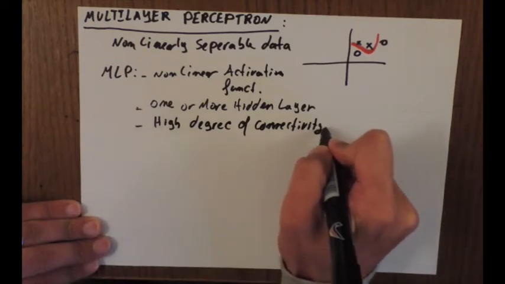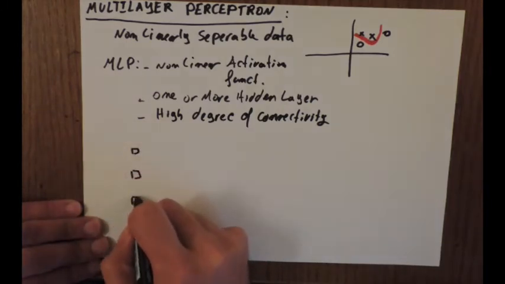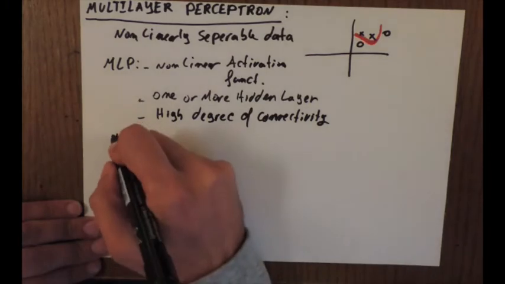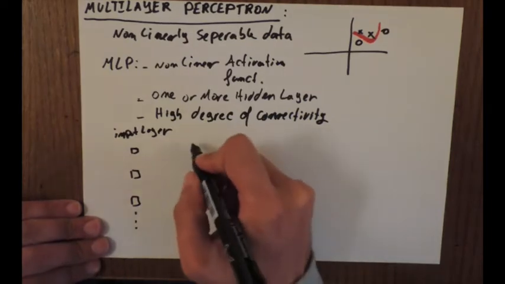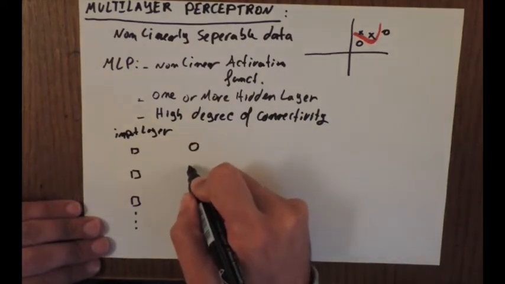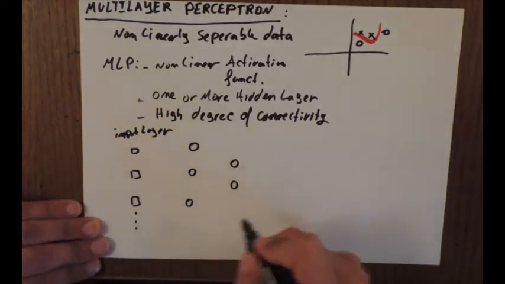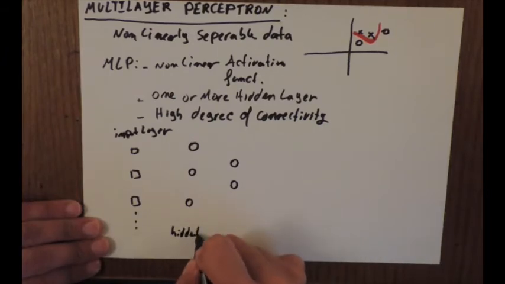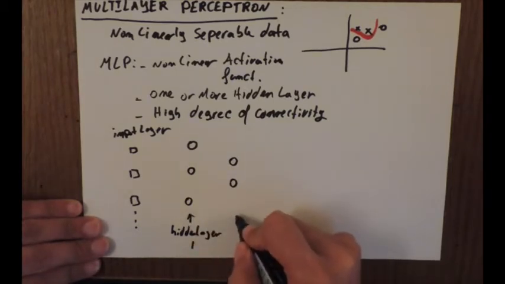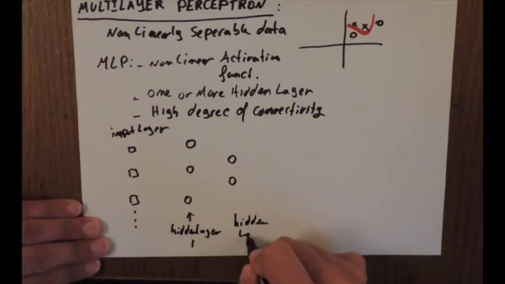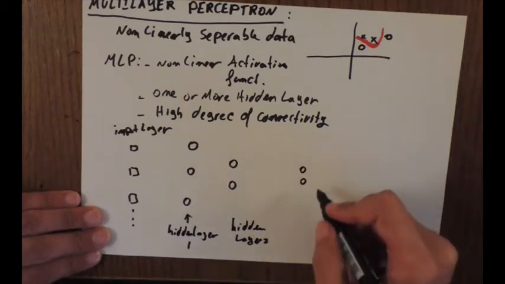Now, if I want to draw a simple diagram, let's say we have inputs like this. This is the input layer. We present the input here, and then we may have this one, which is one of the hidden layers. We have another hidden layer, so this is hidden layer 1, this is hidden layer 2, and we can have some output layer.